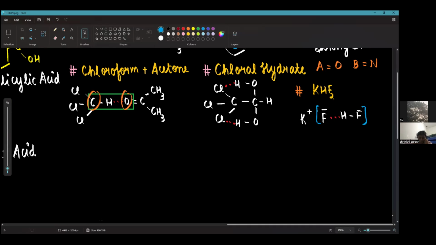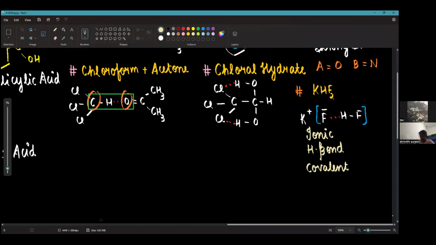So ionic bond is present. Then a hydrogen bond is also present between F minus and H, and between H and F, it is a covalent bond. Got it? So this is the strongest hydrogen bond, KHF2.